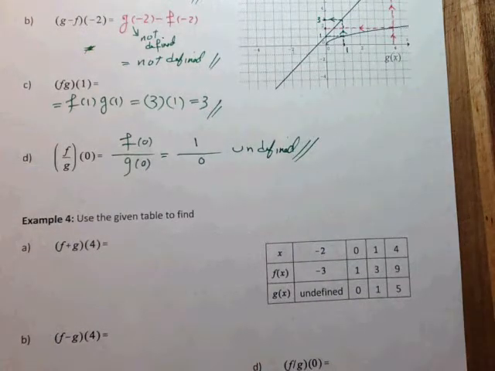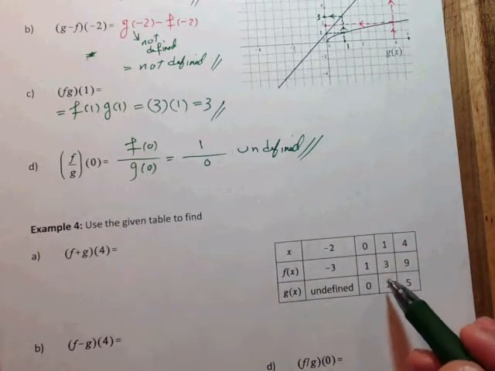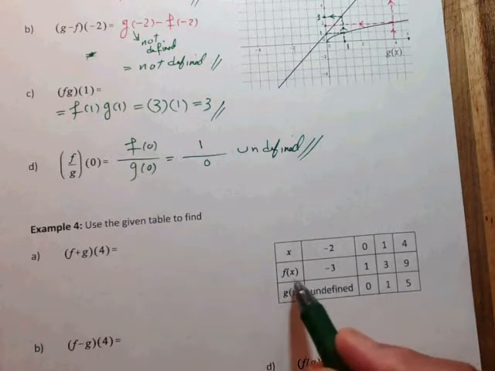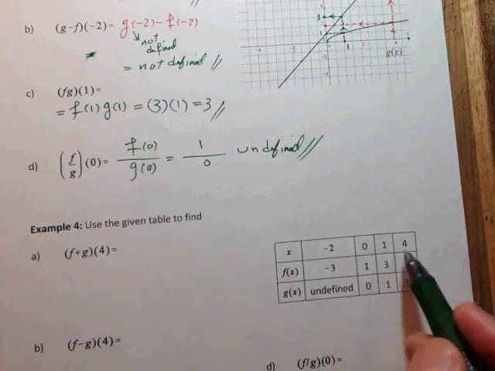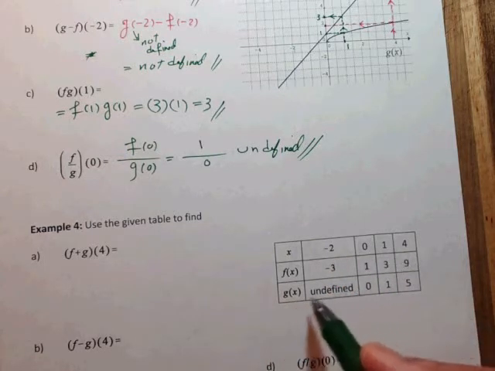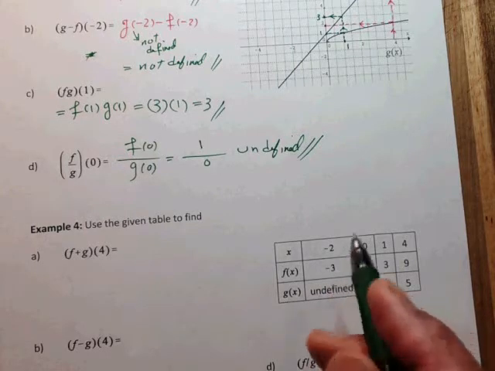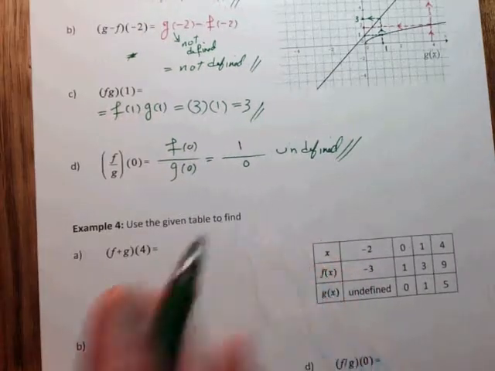Sometimes we have values in a table, and then similar questions are asked. Like we have this table given to us, and the first row gives the values of function f of x for various values of x. The second row gives you the value of function g at similar values of x. Then we want to compute these values here.